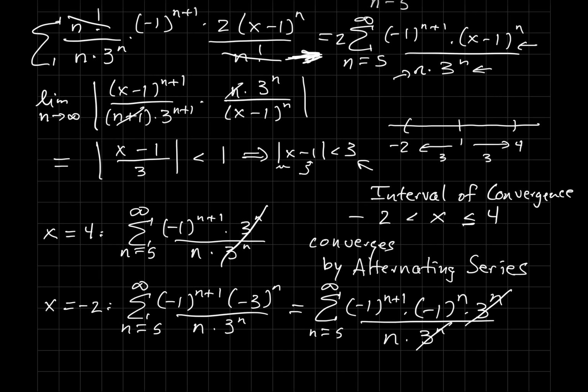So I got to figure out if negative 1 to the n plus 1 times negative 1 to the n alternates. So I get negative 1 to the n plus 1 plus n is negative 1 to the 2n plus 1, which is always odd, which is always negative 1, which does not alternate.